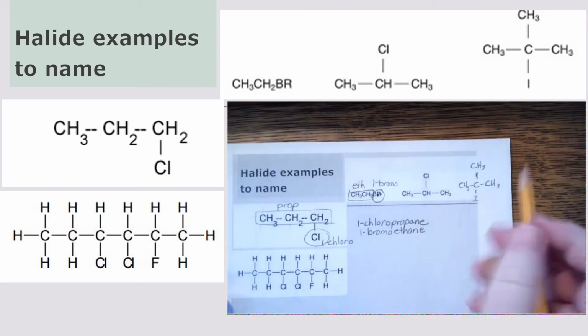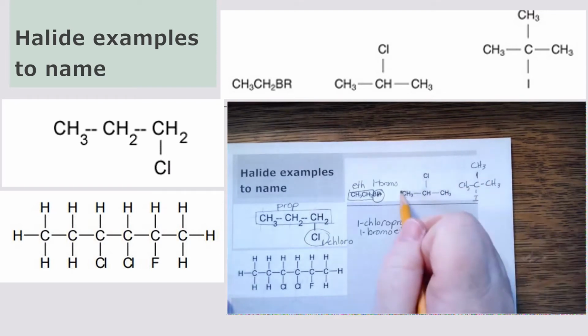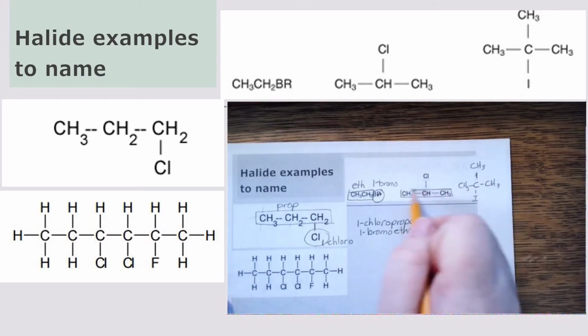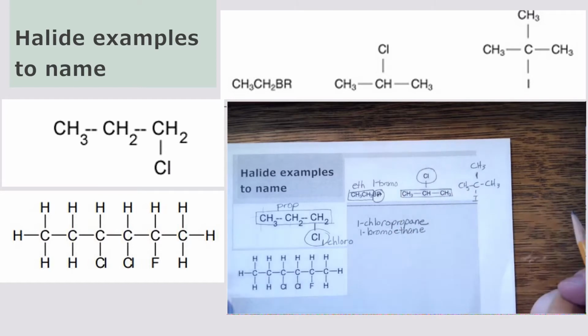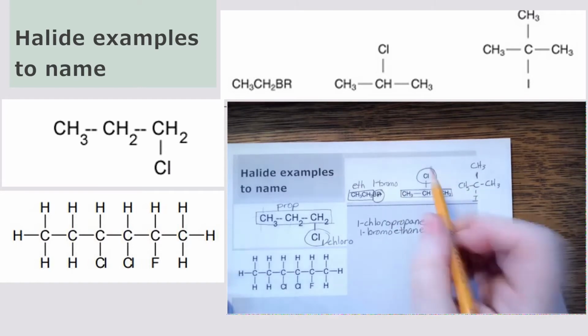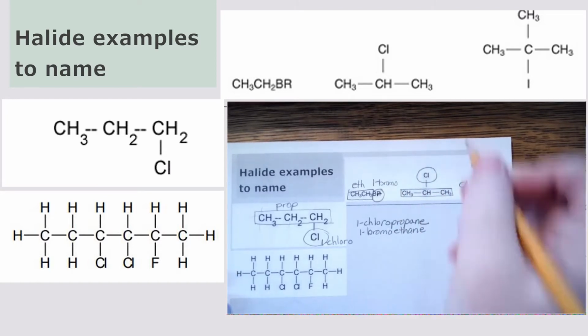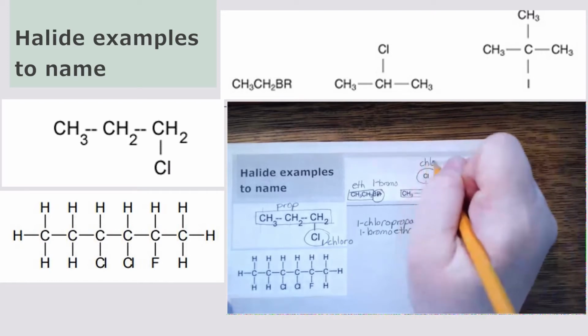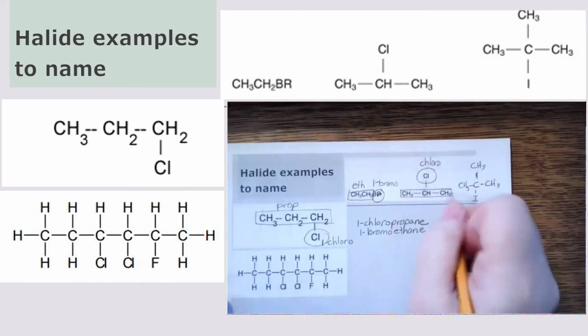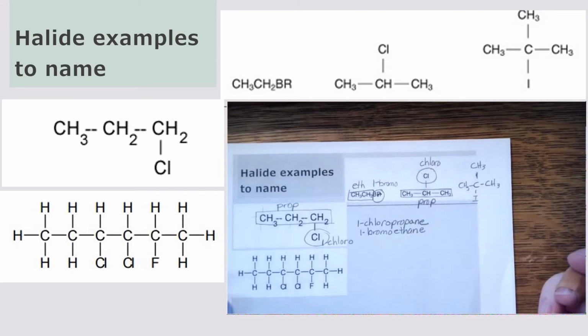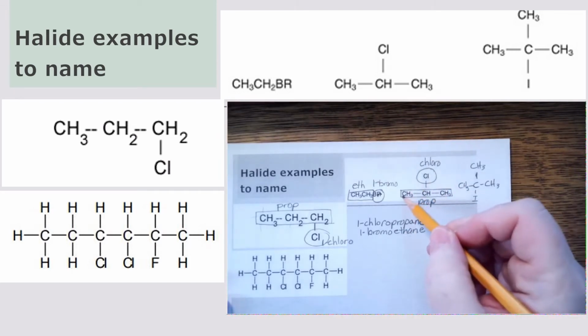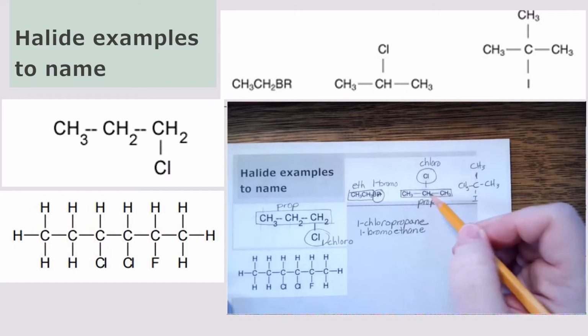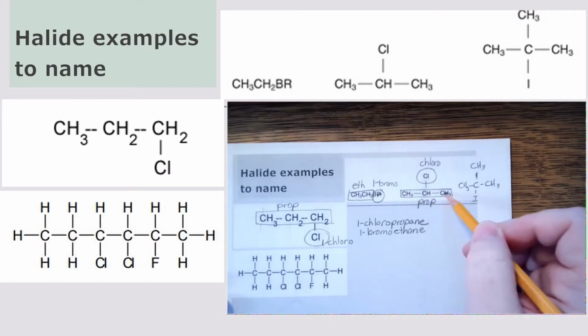Okay, let's look at this one. Let's find the longest chain of carbons. Here we go. Circle anything that's off the chain. Okay, and that's chloro. 1, 2, 3, prop. It needs an address. Well, it could be on carbon number 1, 2, or number this way, 1, 2.